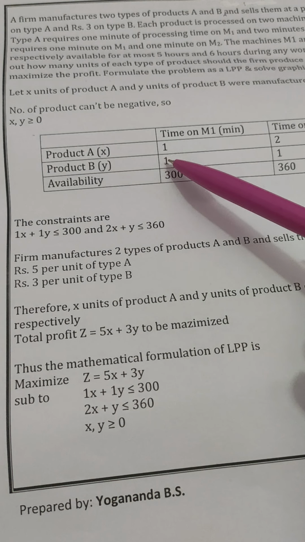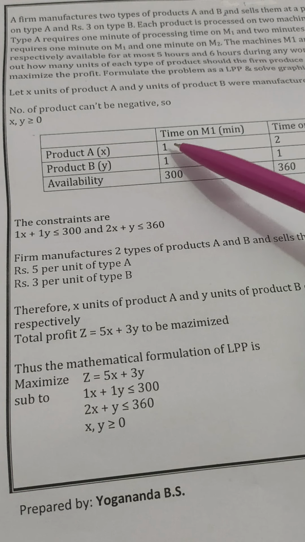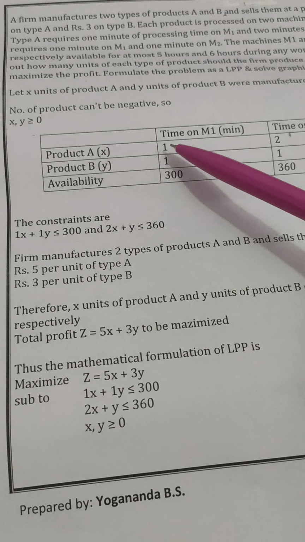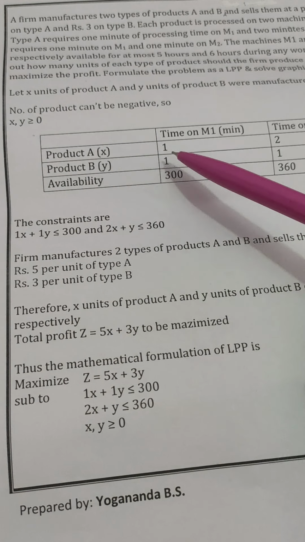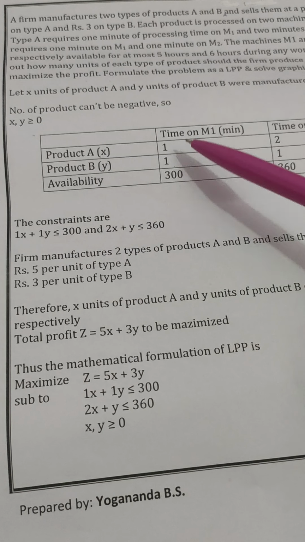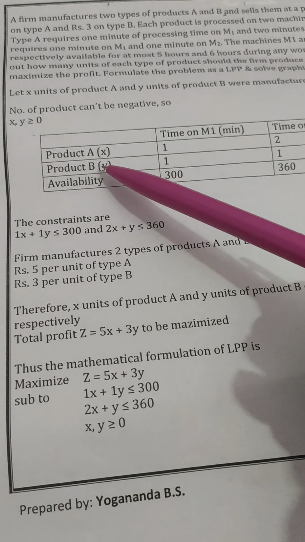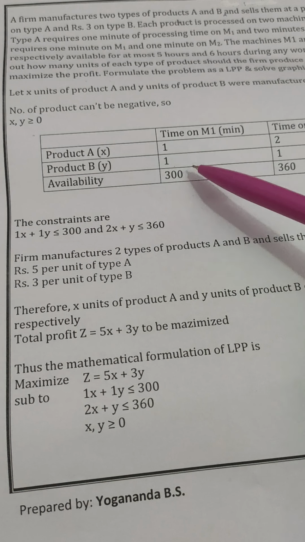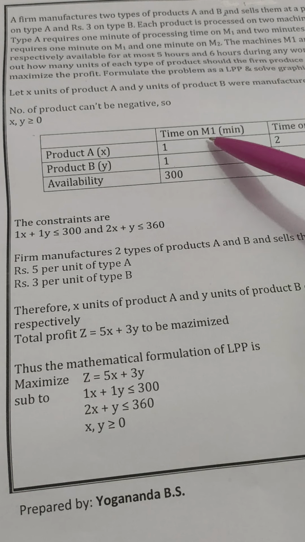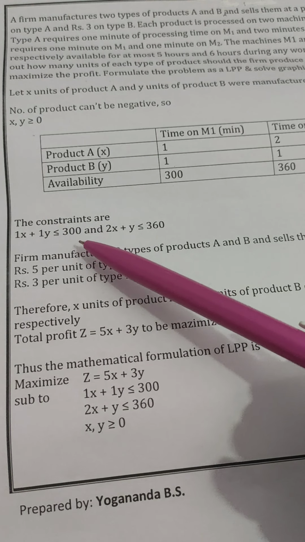So if I produce X units of product A, the time taken on machine 1 will be 1 into X, and if I produce Y units of product B, that is 1 into Y. So the constraint is 1x plus 1y, and the maximum time available on machine 1 is only 300 minutes, so it is a less than or equal to constraint.